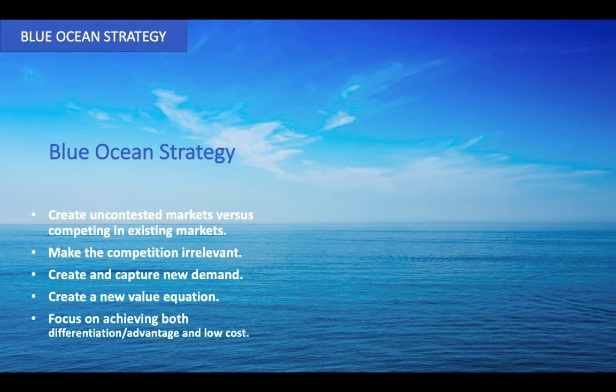But it is really at the heart. Value innovation, which we've just finished covering, is an integral part of Blue Ocean Strategy. And that's why these 2 are neighbors, but they're very close neighbors in terms of the way you can integrate one into the other. So on this one, the focus is on achieving both advantage and low cost.